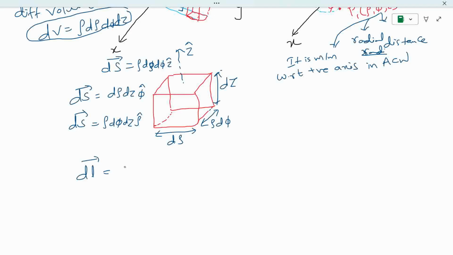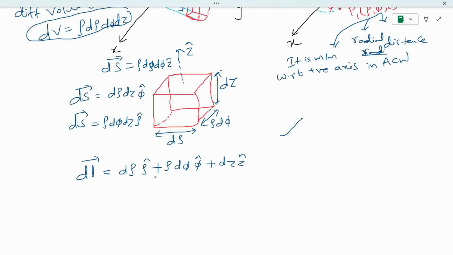Similarly, differential length dL bar is also a vector, and it is calculated along each side. So if we are going from one point to another point, we consider d rho rho cap plus rho d phi phi cap plus dz z cap.